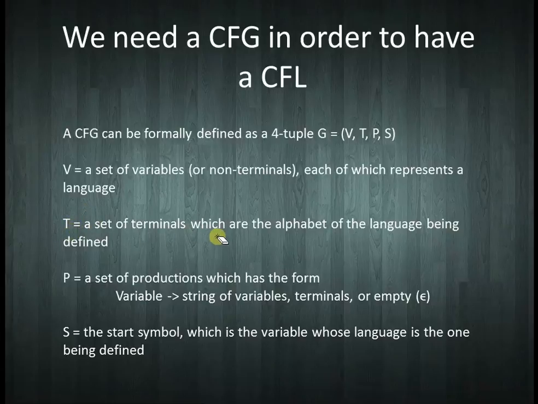T is a set of terminals, which are the alphabet of the language being defined. P is a set of productions which has the form: variable derives string of variables, terminals, or empty. And S is the start symbol, which is the variable whose language is the one being defined.